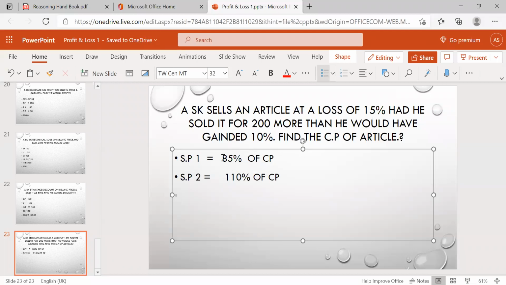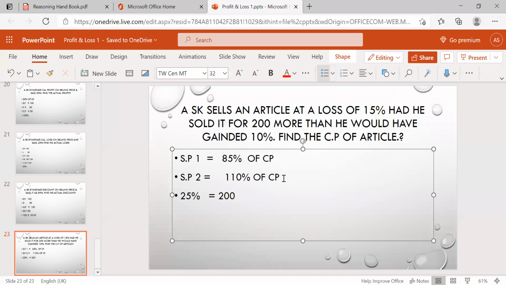See, how much he increased it? It was 85%, right? Now he increased it to 110 percent. That means totally 25% increased. 15% loss he covered and 10% more. So 25% is nothing but the 200 rupees increase on that article, right?